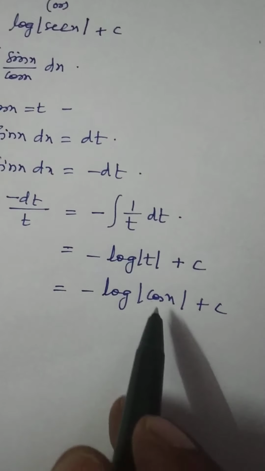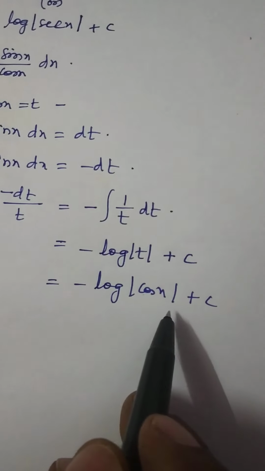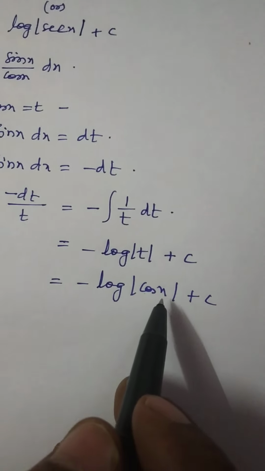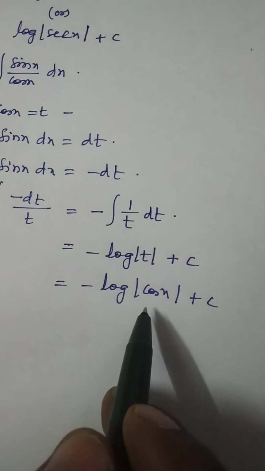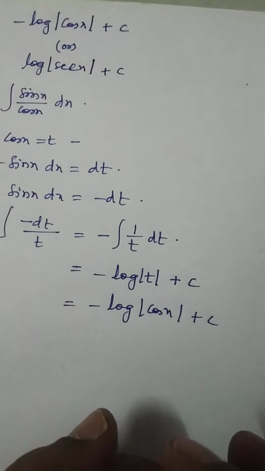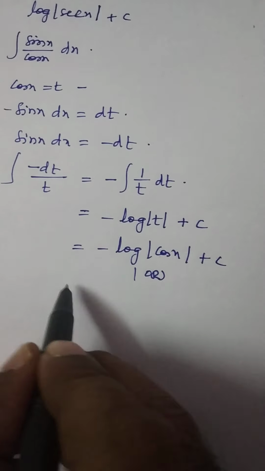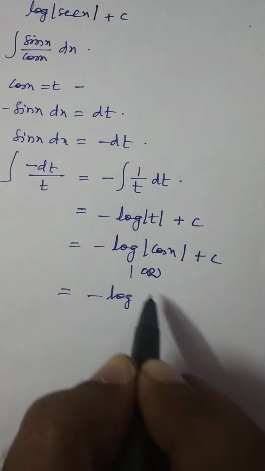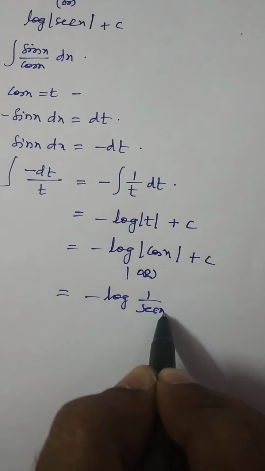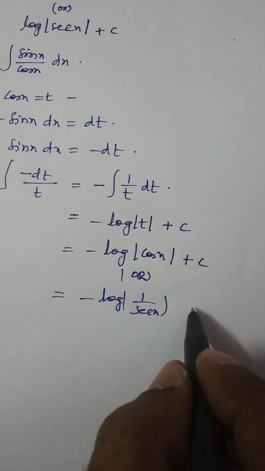Why? Because here this cos x can be written as 1 by secant x. If you want, you can continue: minus of log of 1 by secant x plus c.